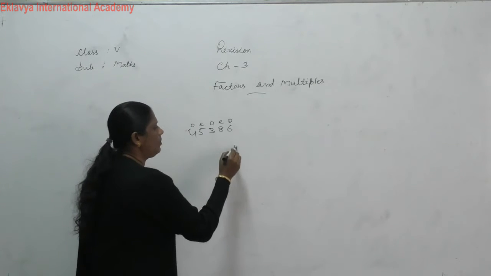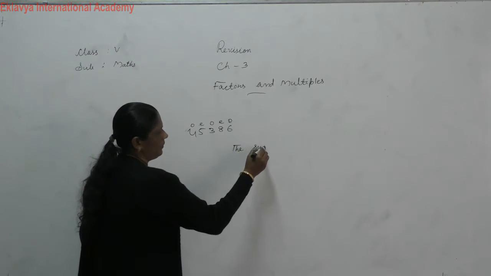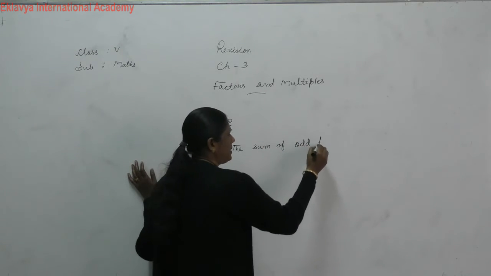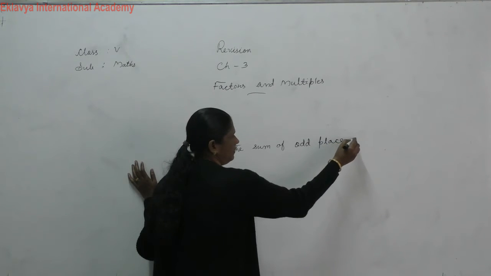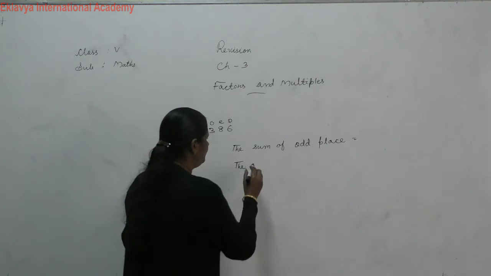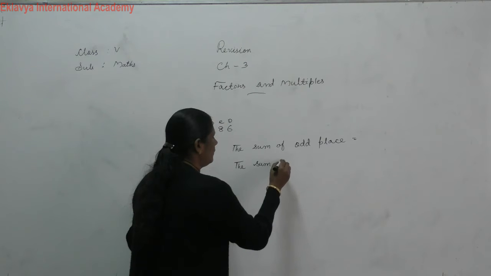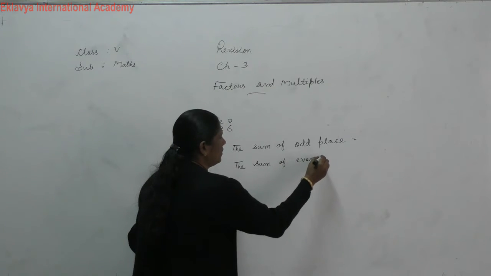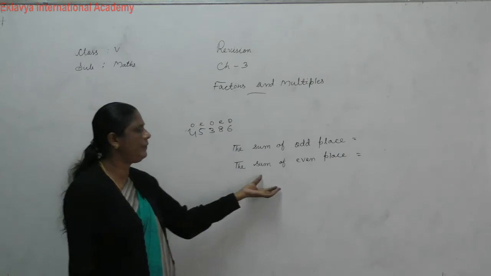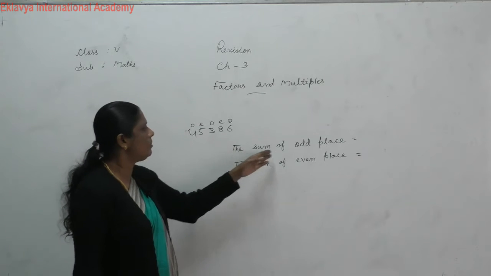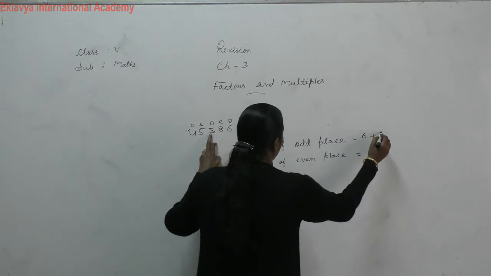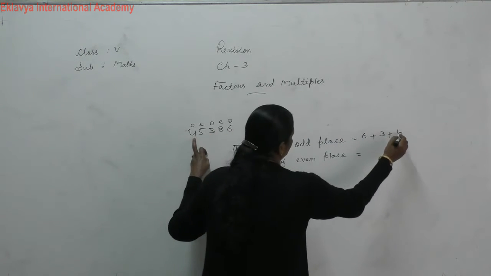Now you find the sum of the odd places, and second, the sum of the even places. First, the sum of the odd places: we take 6, then 3, then 4.